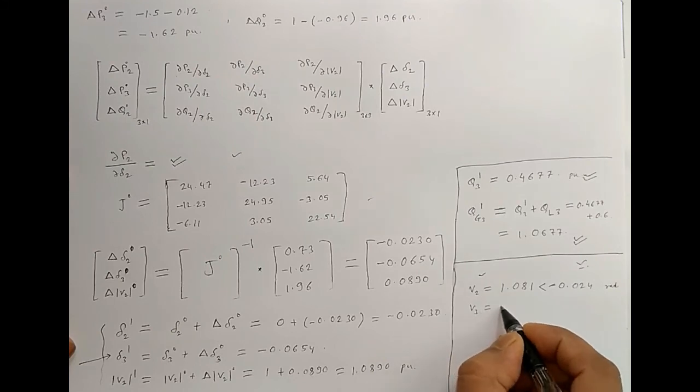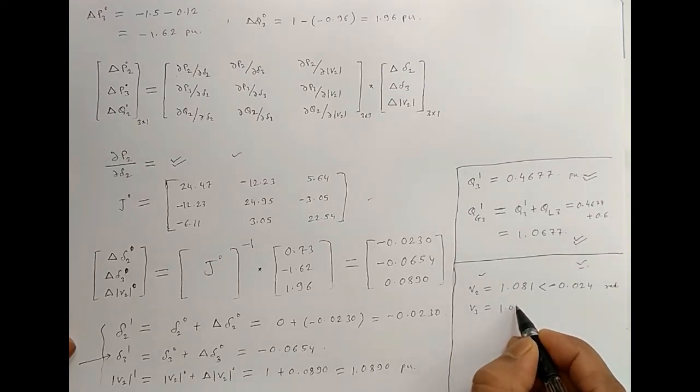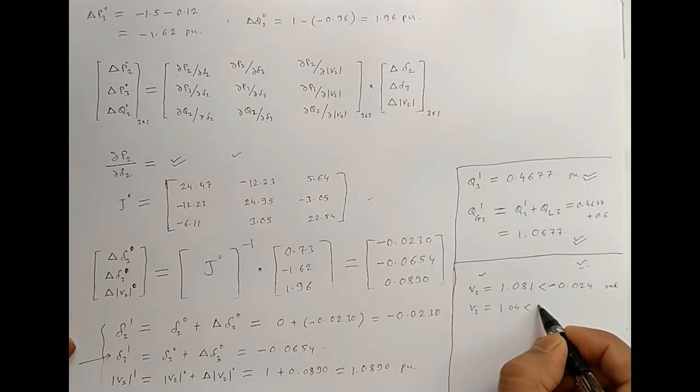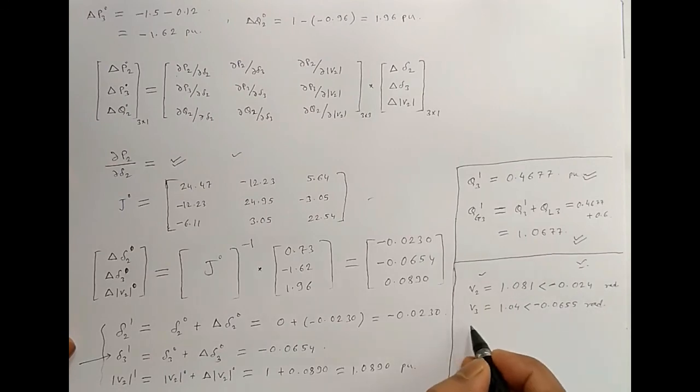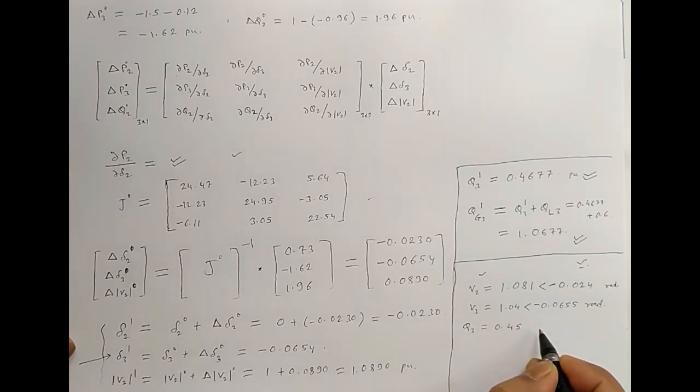V3 you will get the value of 1.04 angle minus 0.0655 radian, and QG3 will be equal to 0.45.